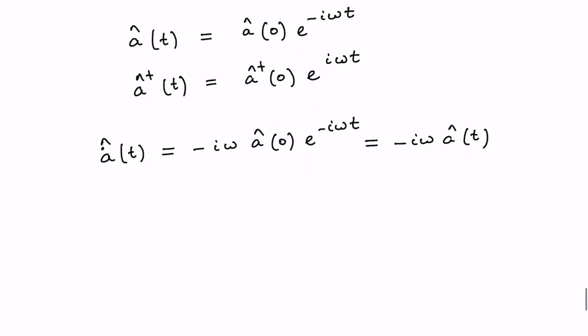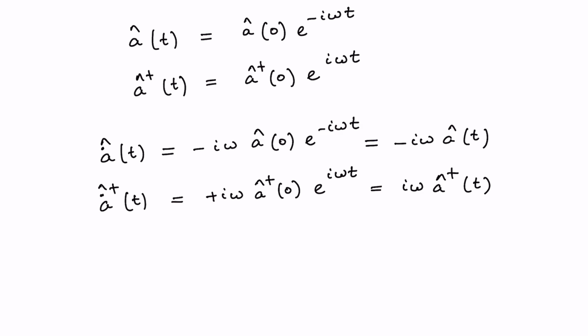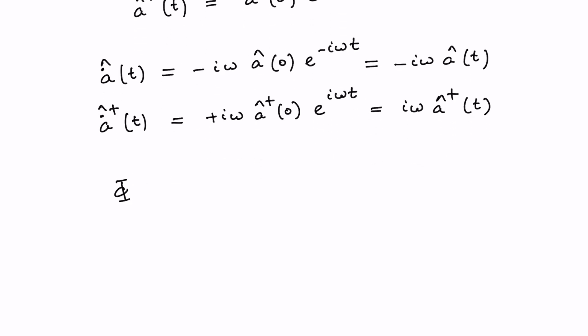And similarly, the time derivative of the creation operator, A dagger dot, would be plus i omega A dagger of 0 e to the power plus i omega t, and this you can write as i omega A dagger of t. So if you take the time derivative of the magnetic flux operator, this is going to give you phi zpf times A dot of t plus A dagger dot of t, and this we have worked out.